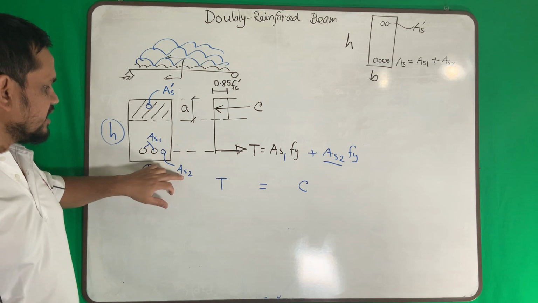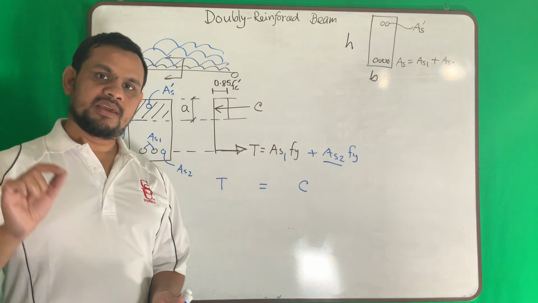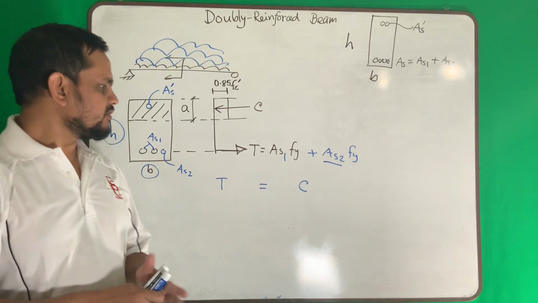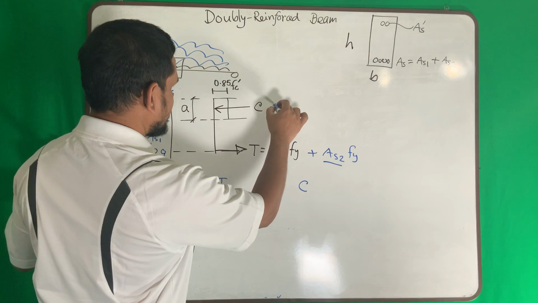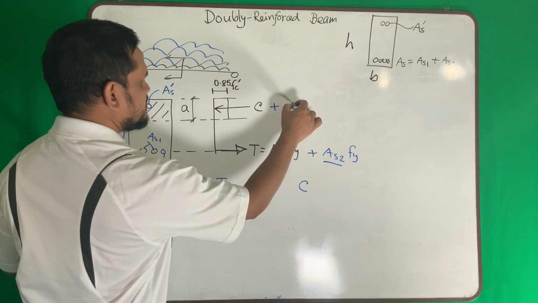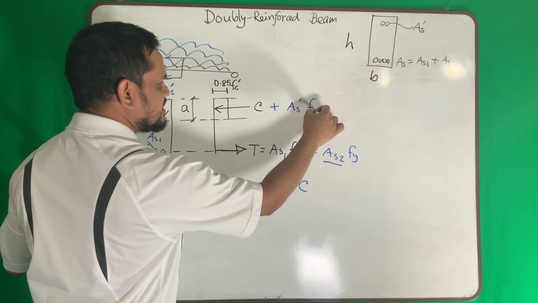AS prime and AS2 may be equal, may not be equal, but they must carry equal amount of force to balance it. So what is that force? AS prime area times my stress.